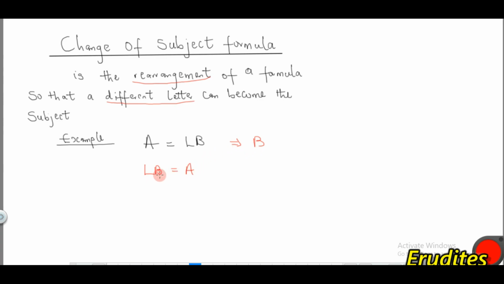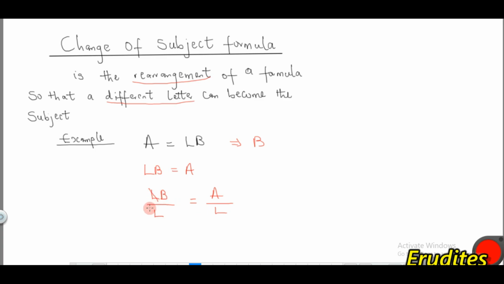To make B the subject of the formula here, I will have to divide both sides of the equation by the coefficient of B. The coefficient of B is that number or the alphabet that is attached to B. So this will be LB divided by L is equal to A divided by L. The reason we're doing this is so that B can stand alone.